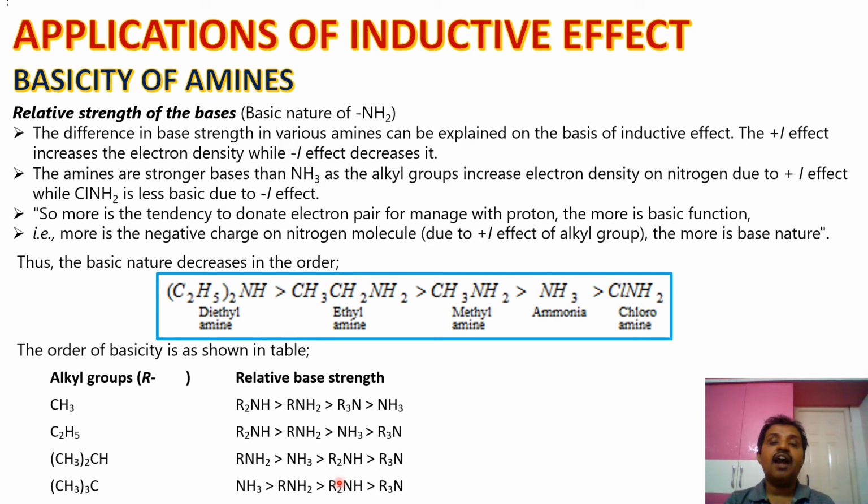So the tertiary amine is less basic compared to other amines. The reason is steric hindrance. When we consider only the inductive effect, the tertiary amine should be more basic in nature, but exceptionally, due to the steric hindrance, the tertiary amine has less basic nature.